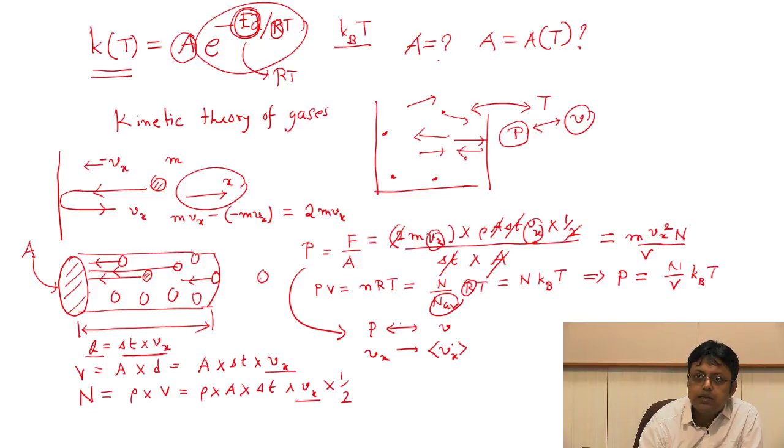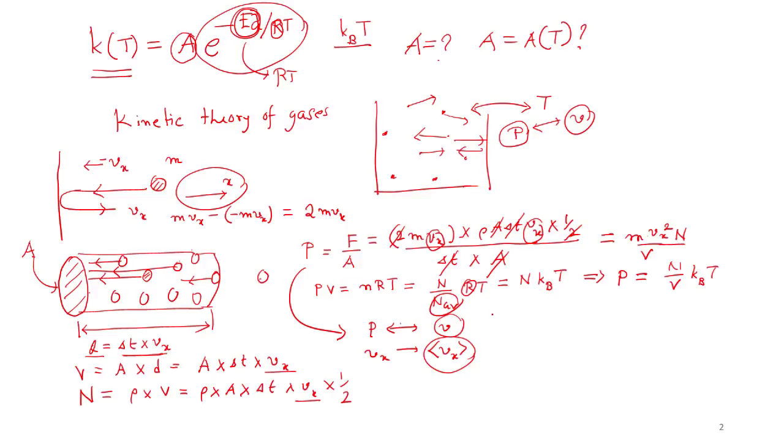Now the question is how you will connect this average velocity with just the magnitude of the velocity, which is nothing but the speed, which is independent of any direction. Now we know that this v square, which is just the modulus length of the velocity vector, is nothing but vx square plus vy square plus vz square.